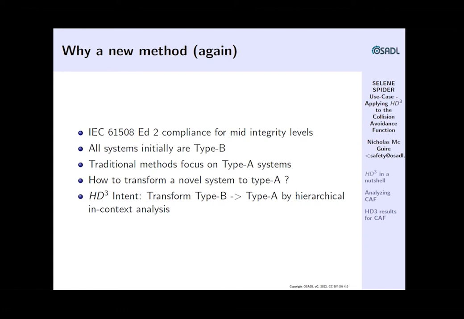That's a small inconsistency in 61508, because it does allow you to continue working with a Type B system. Okay, so the question is then, since 61508 and its derived standards focus on traditional Type A systems, low complexity systems, where traditional methods are suitable, we need to look at how we can handle this transformation with a highly complex system that is using novel technologies.